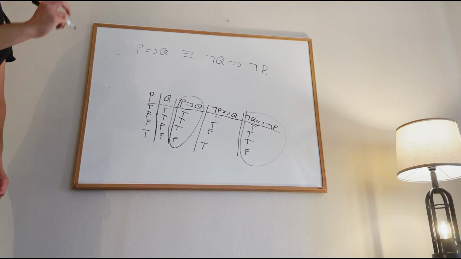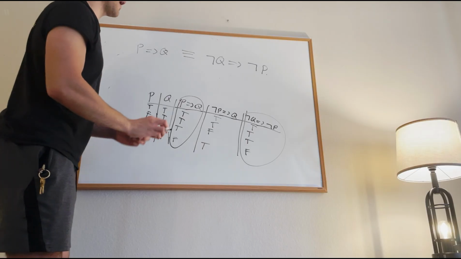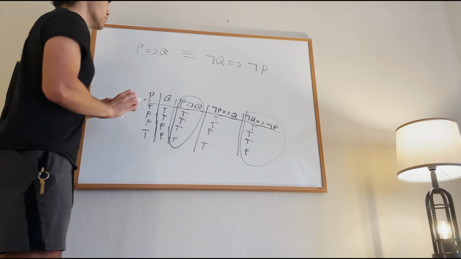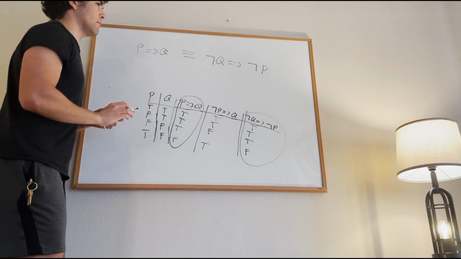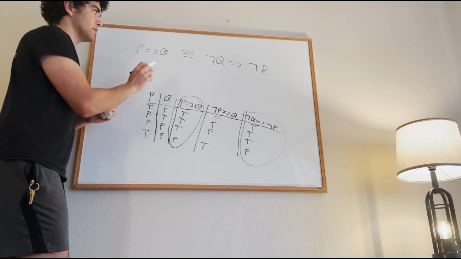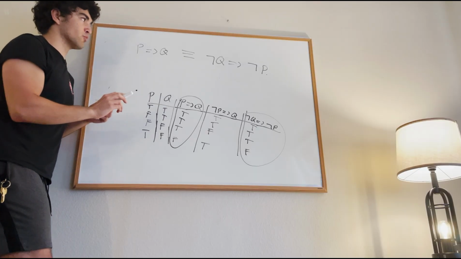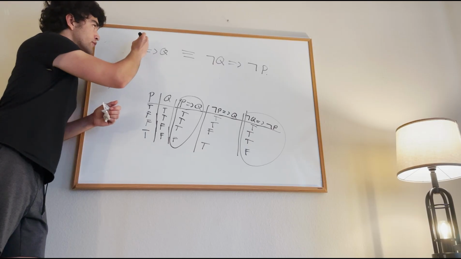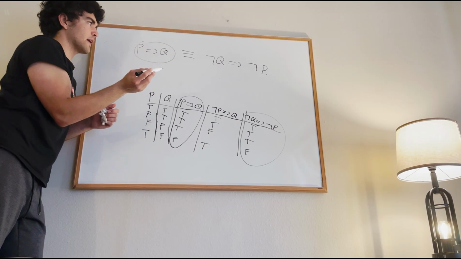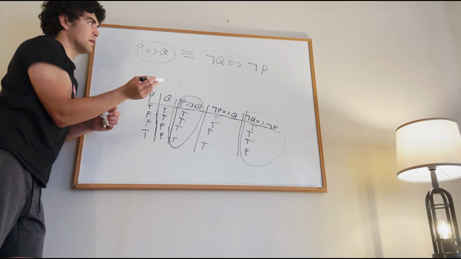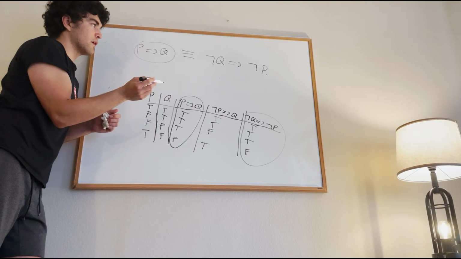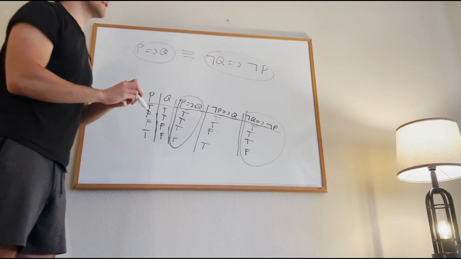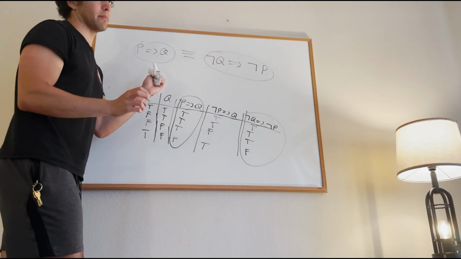And why this is important, like the applications to math, is that if we're trying to prove a mathematical statement that says P implies Q, and it's really, really hard to prove this, we can try looking at, okay, if we can prove that the negation of Q implies the negation of P, then we prove our original statement here.